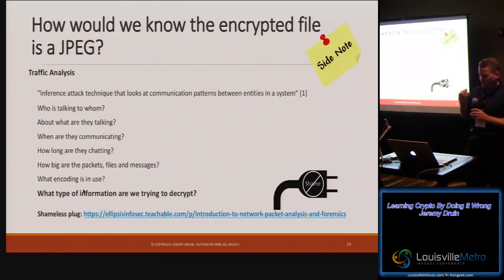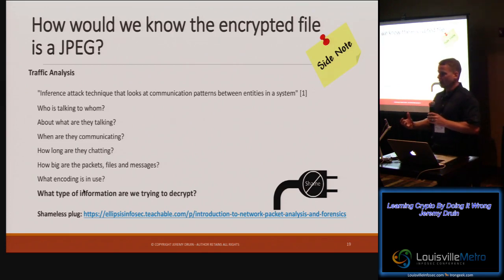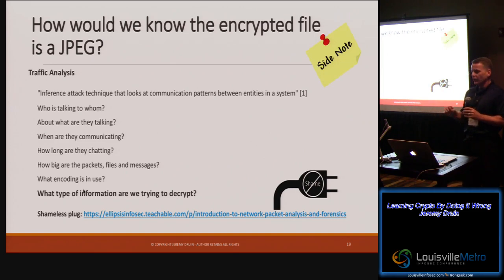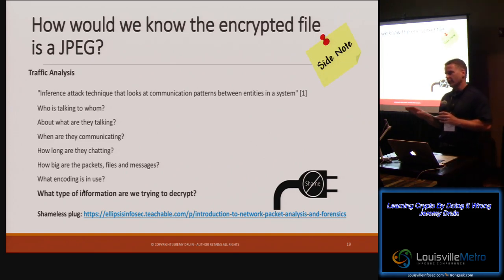So a quick side note. One of the things we're not really talking about much is how would you know that the encrypted information is English email or it's a picture in JPEG or PNG, or other format. Well, that actually is the realm of doing meta-analysis or traffic analysis. In that, you're very interested in who's talking to who and what they're talking about, the context of the situation.